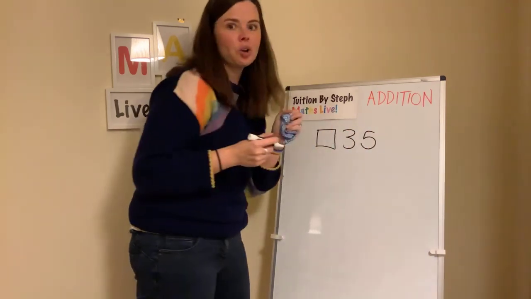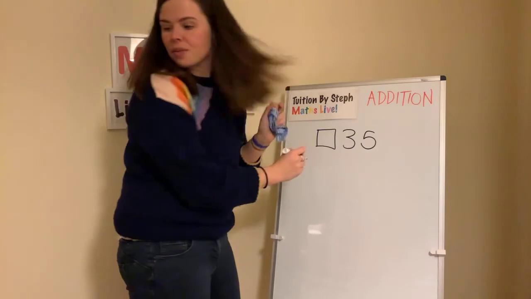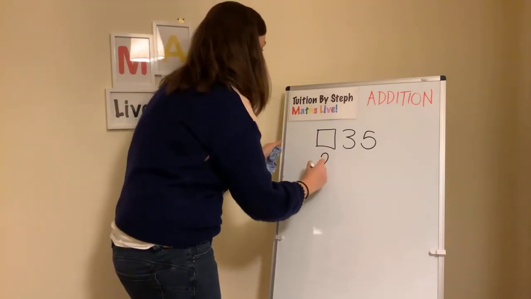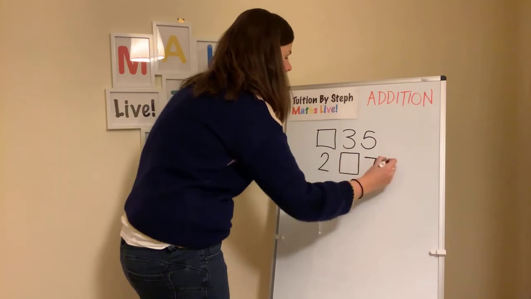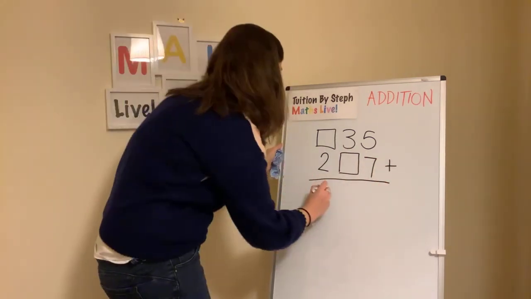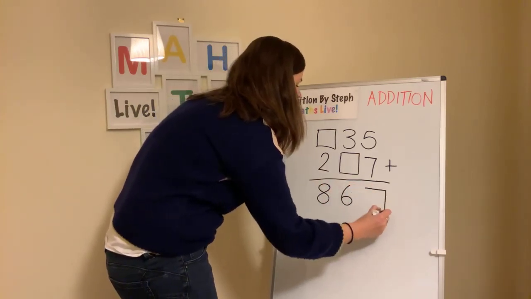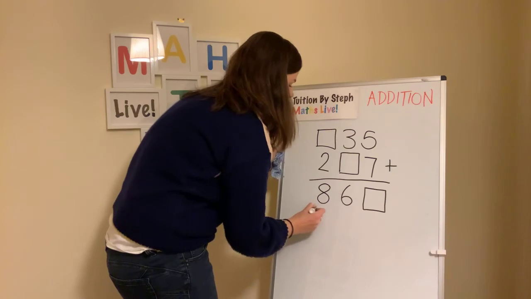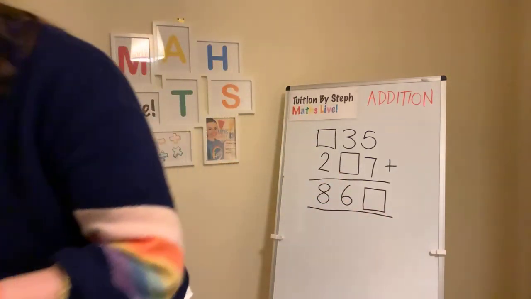We don't know what the hundreds are, but we're given the tens and the ones. And then we've been given the hundreds and the ones, but not the tens. You're going to add them together, and the answer is going to be 860 something. This is your last question of the lesson. Have a go at that.